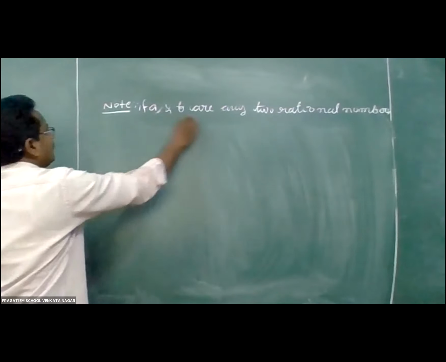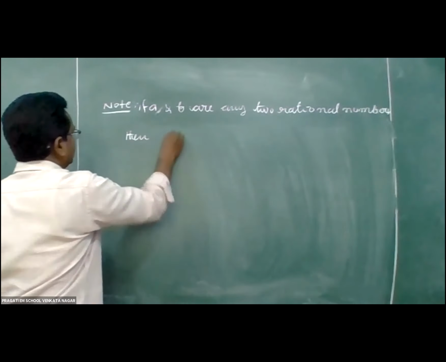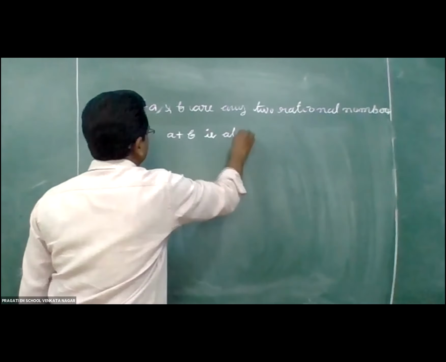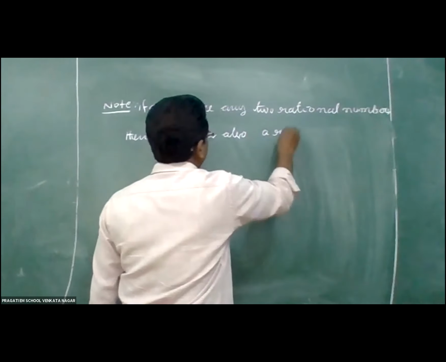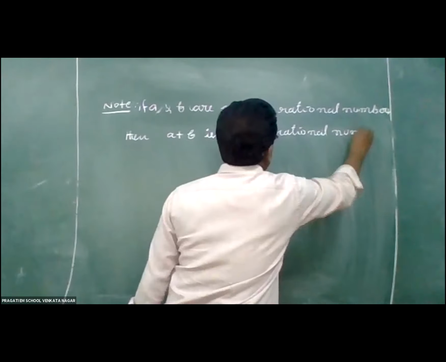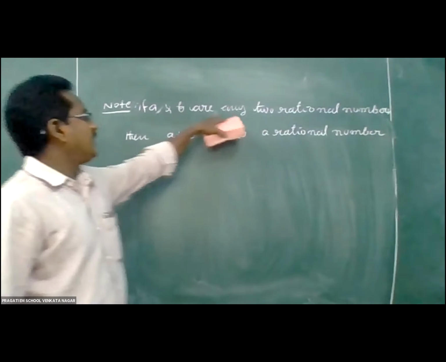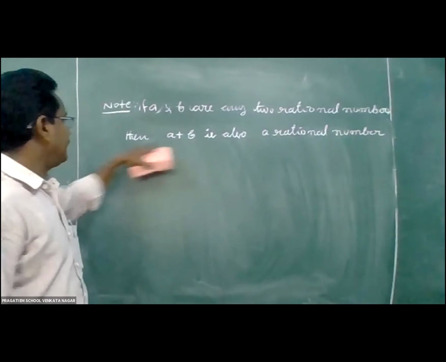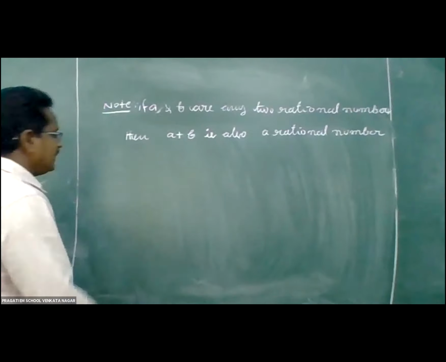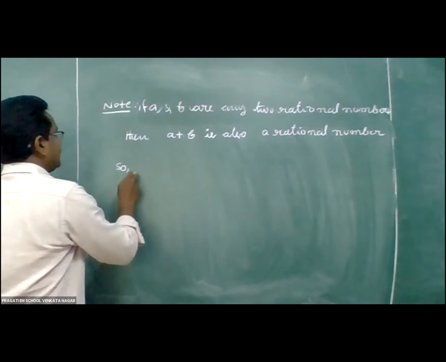If A, B are any two rational numbers, then A plus B is also a rational number. Note down this point, children. If A and B are any two rational numbers, then A plus B is also a rational number. That is the reason rational numbers satisfy closure property under addition.